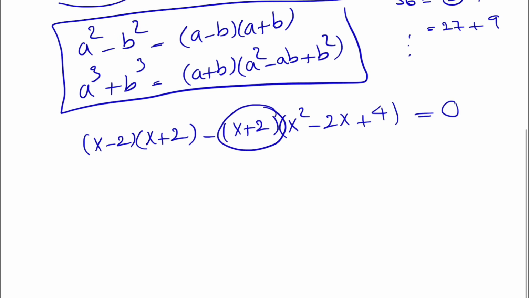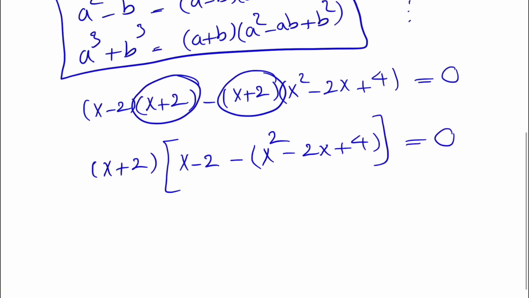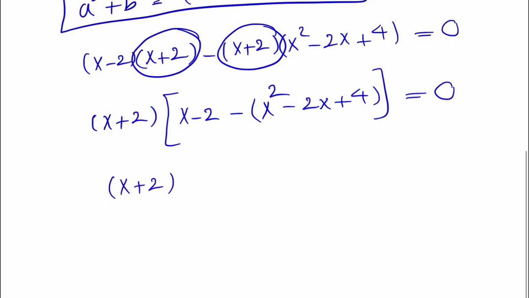And now we can see the common factor here, which is x plus 2. So we're going to factor x plus 2, and let's see what we get. From the first one, we have x minus 2, and we have a negative sign here. And from the second expression, we have x squared minus 2x plus 4 is equal to 0. So x plus 2 times, in here we have x minus 2 minus x squared plus 2x.